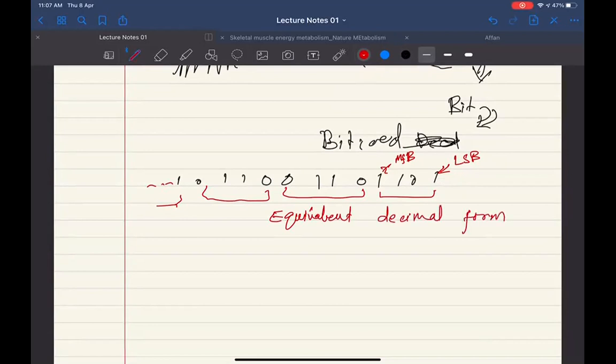So all the binary bits are taken from the demodulation process, and in the decoding process, the equivalent binary is converted into the decimal form. For example, if these are the points of your signal, you have the decoded points here and you have some numbers.